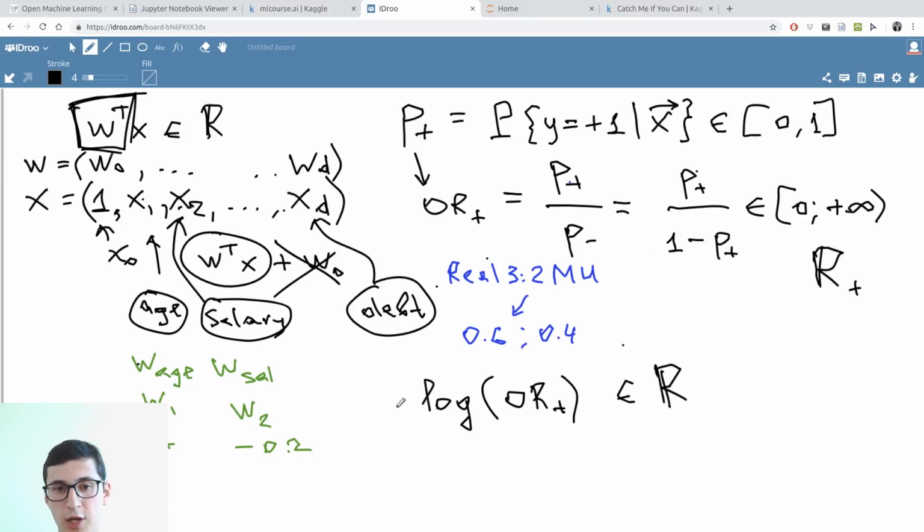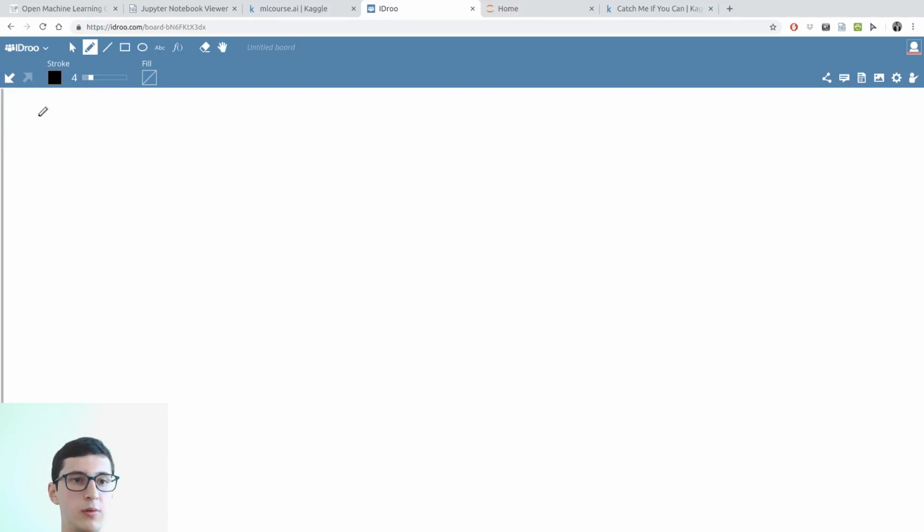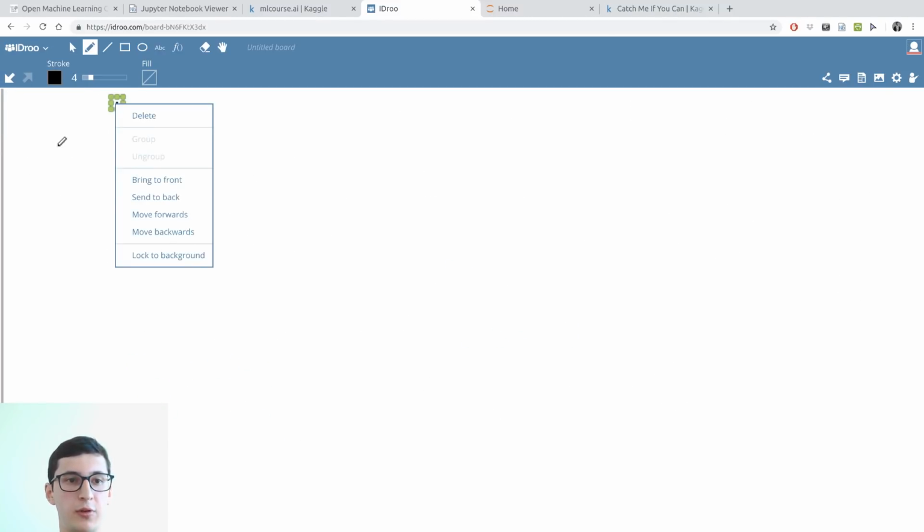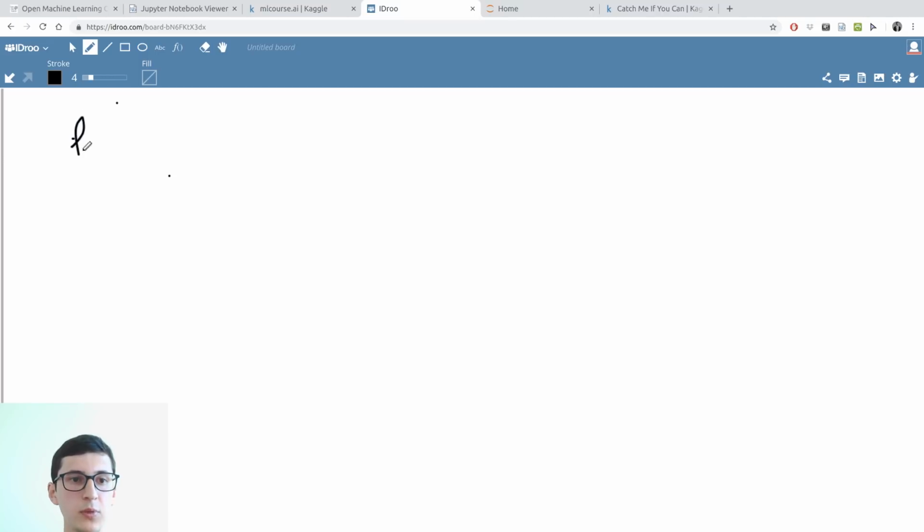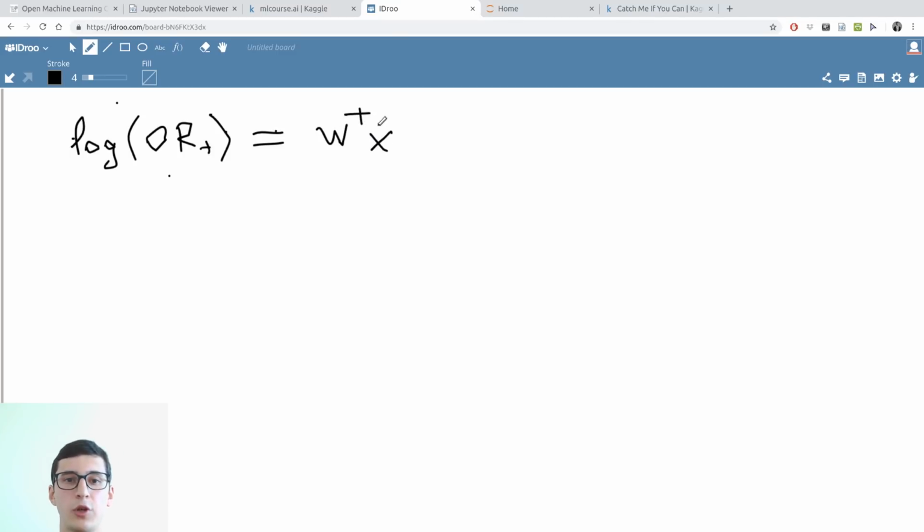Okay, so why do we actually need this logarithm? Because now the main idea of logistic regression will be predicting this logarithm of odds ratio for class plus 1 just with a linear function of W transposed x. Okay? So here we'll have predicted probability for class plus 1.